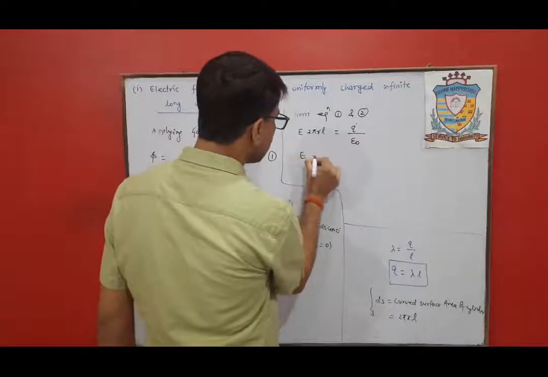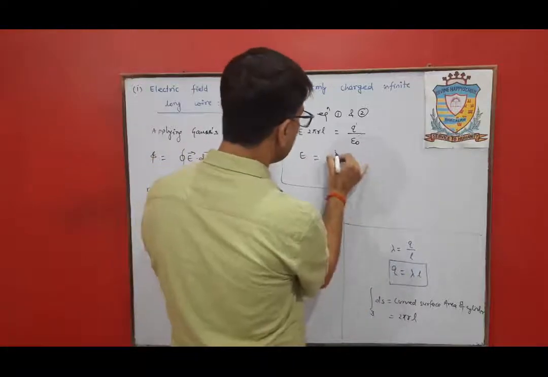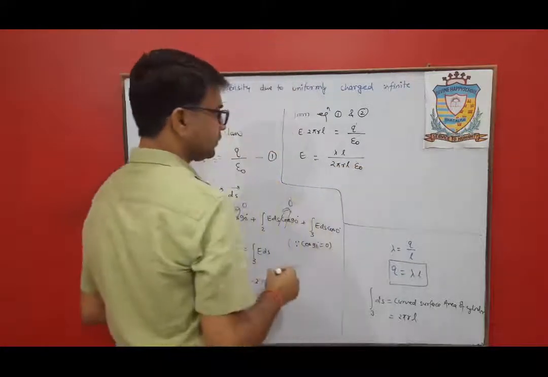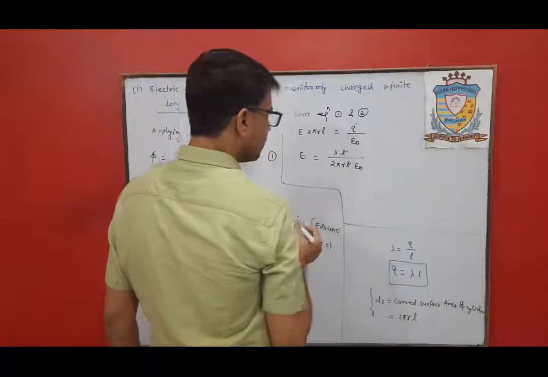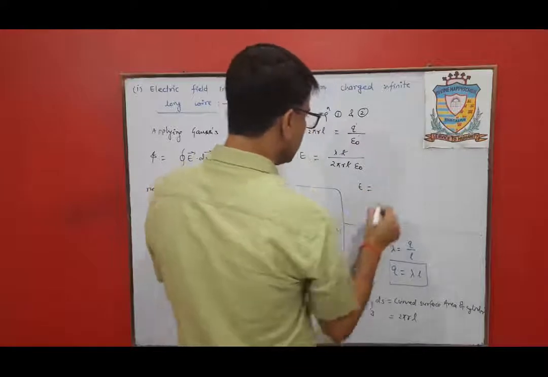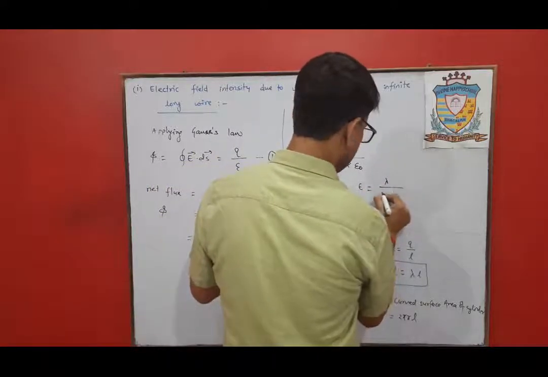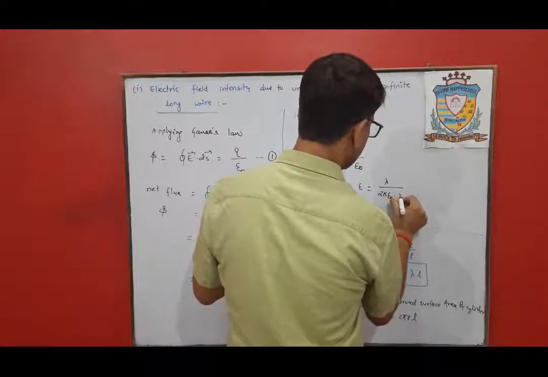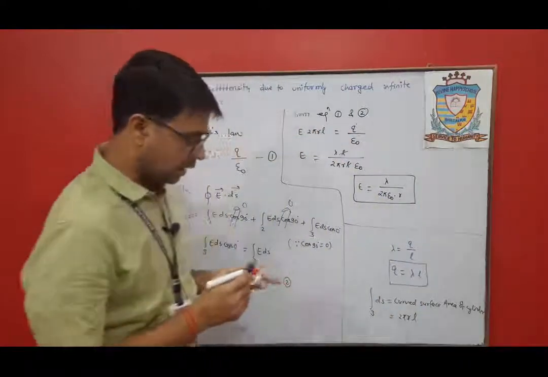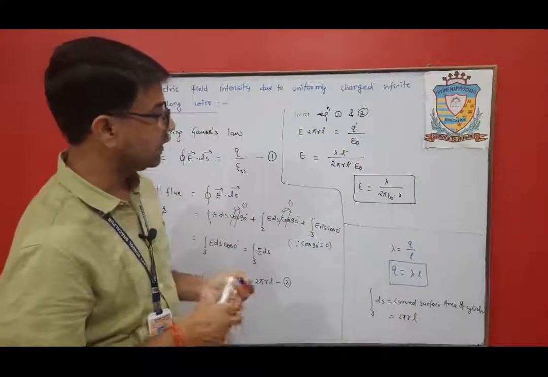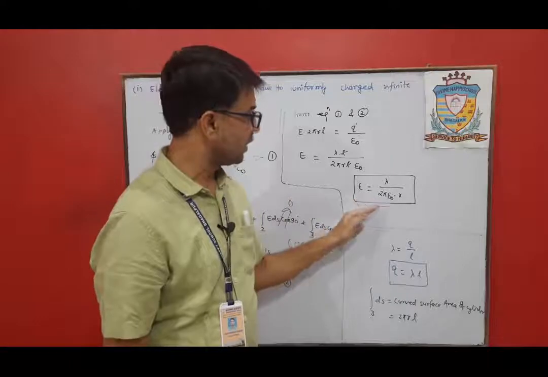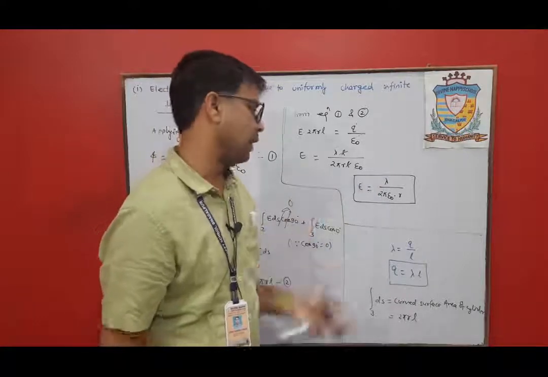Then E equals lambda L upon 2 pi RL epsilon naught, where Q is lambda into L. L cancels out, so E is equal to lambda upon 2 pi epsilon naught R. This is the electric field intensity at a distance R from the line charge having linear charge density lambda.